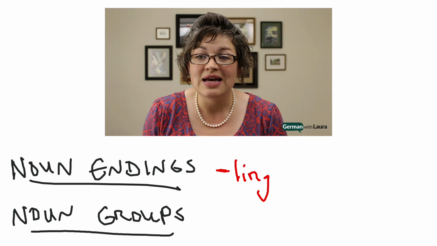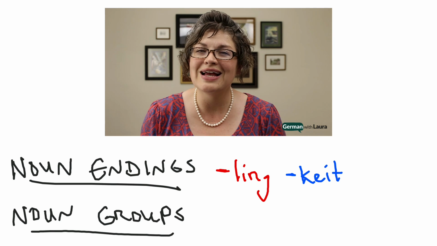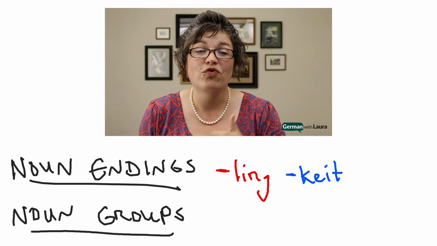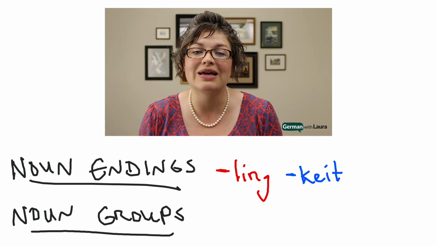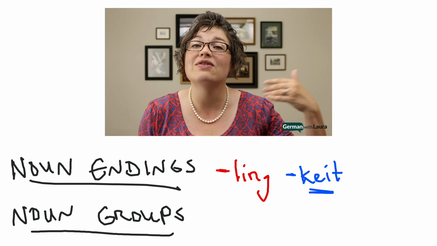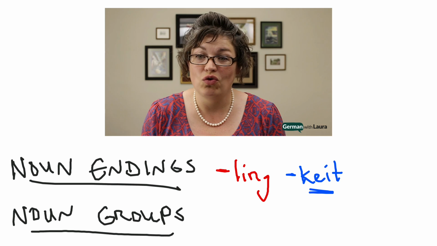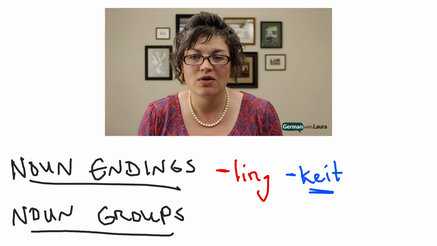Likewise, if you see the ending keit, you can know automatically that whatever word is ending with keit is a feminine noun, okay? Freundlichkeit, for example, friendliness. That's a feminine noun because it ends with keit, so it has to have a die in front of it, die Freundlichkeit. All right, then finally, likewise, there are lots of neuter endings. For example, ment.